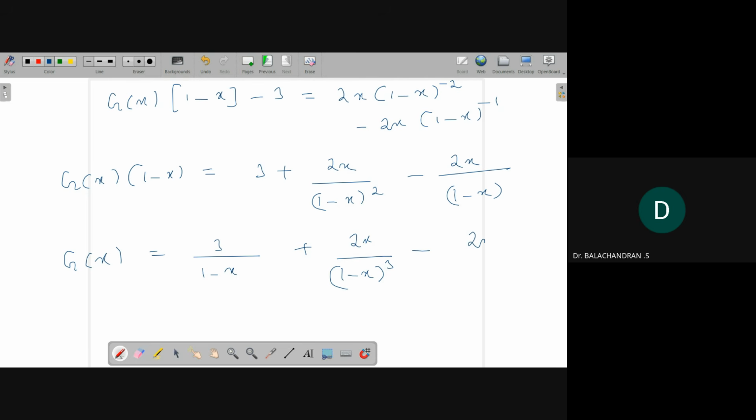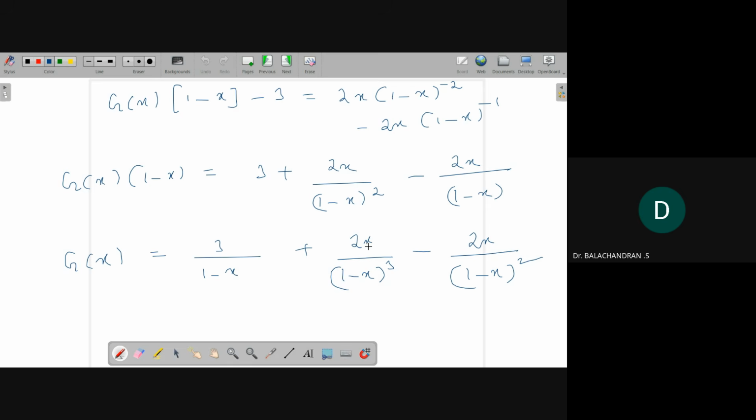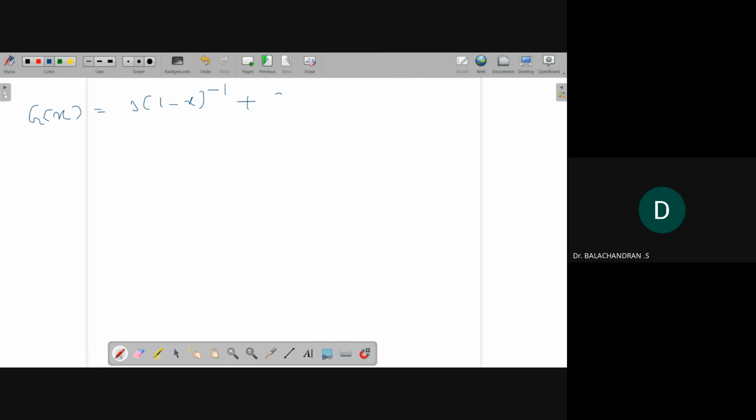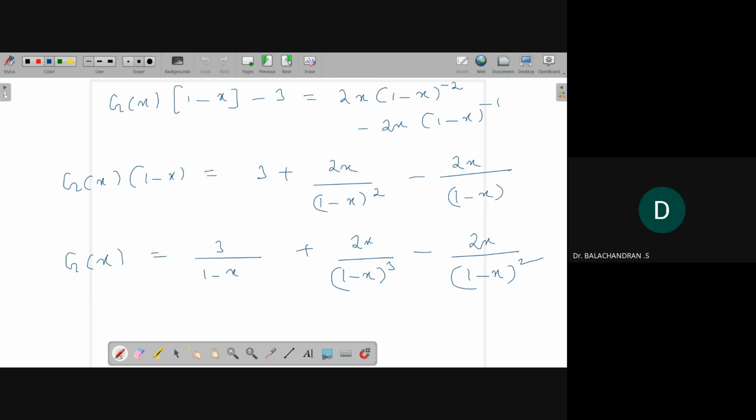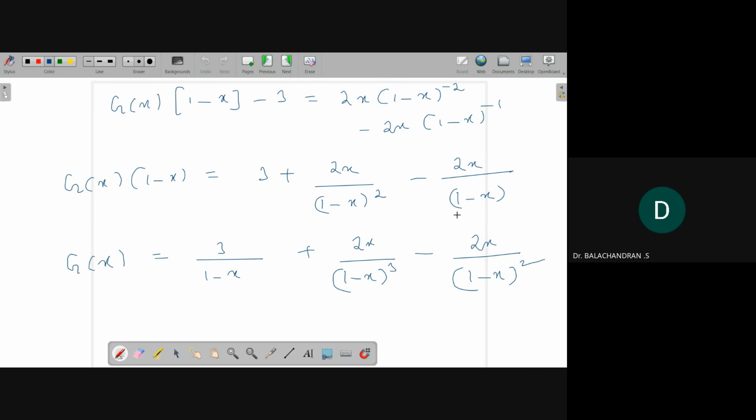Okay, plus 2x by 1 minus x whole power 3 minus 2x divided by 1 minus x whole square. Or you can write g of x is equal to 3 into 1 minus x whole power minus 1, plus 2x into 1 minus x whole power minus 3, minus 2x into 1 minus x whole power minus 2.